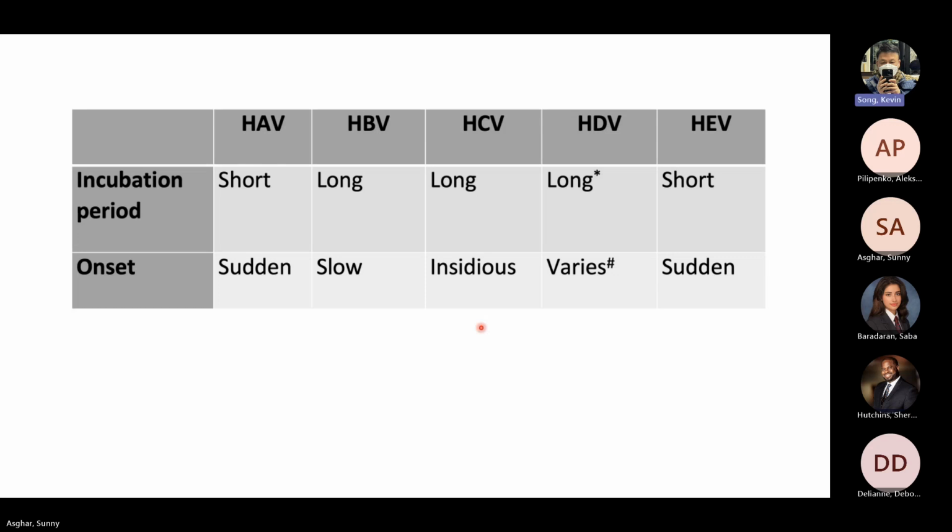But hepatitis D cannot occur by itself. It has to be either co-infected with B or super-infected. Co-infected means that B and D occur together, and super-infection is when you had B, and in addition to that, the D infection occurs.